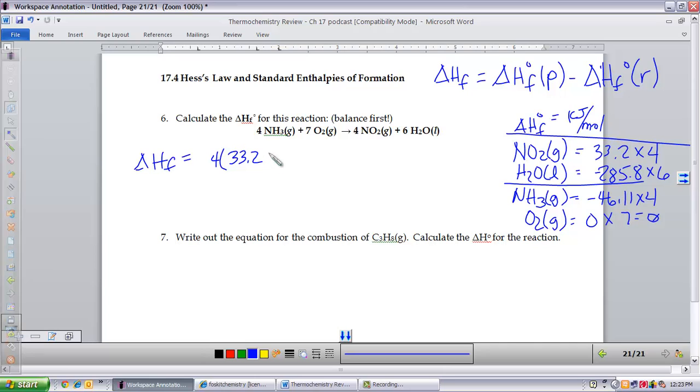So let's do our equation. Our products are 4 times 33.2 plus 6 times negative 285.8. And I'm subtracting the total of my reactants. So I'm subtracting 4 times negative 46.11 plus 0.